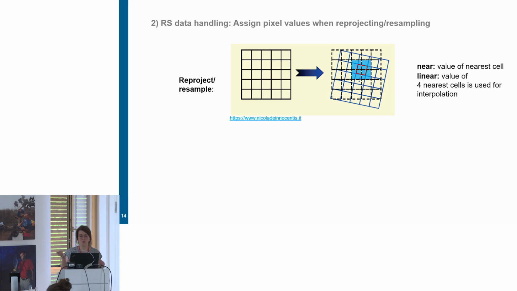You can also use the values of the 4 nearest cells to interpolate a new value. For instance, you would take the 4 values around your pixel and calculate the mean to associate a value in the middle of that pixel in the new raster. That would change your intensity.